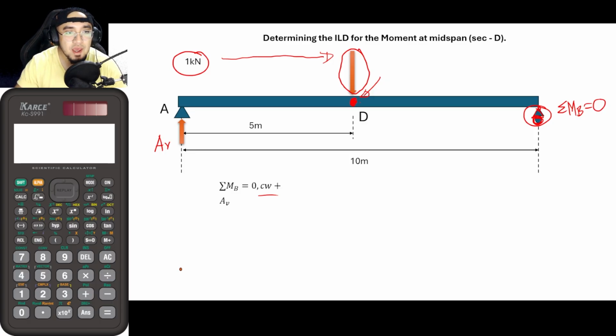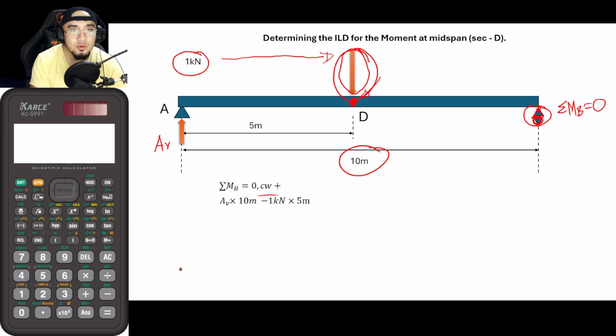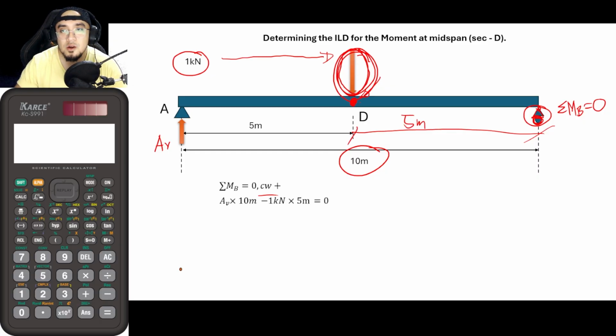So this is now AV times 10, the lever arm, minus 1 kilonewton, that is the 1 kilonewton load here, times 5 meters. So this is now equal to 0. AV times 10 minus 1 times 5 is equal to 0.